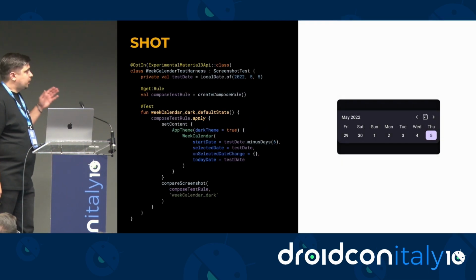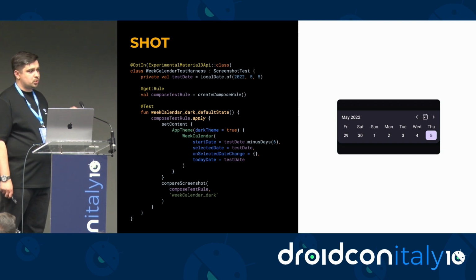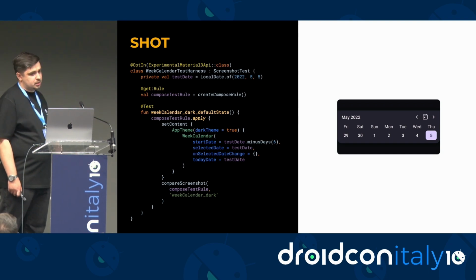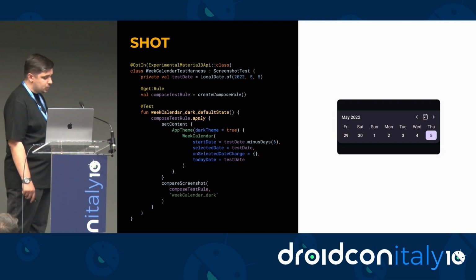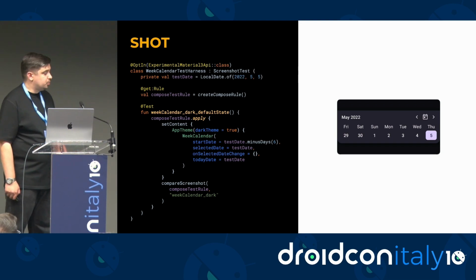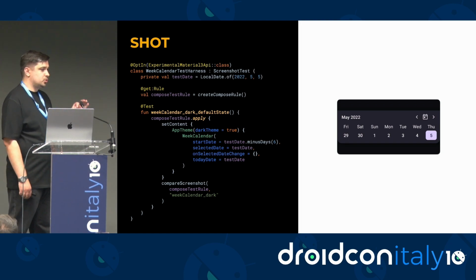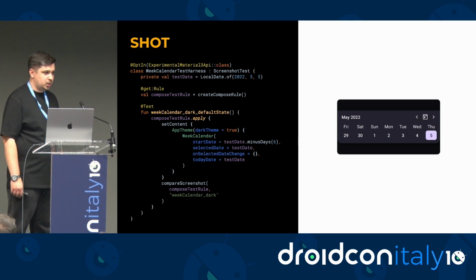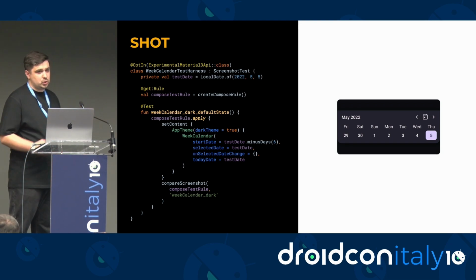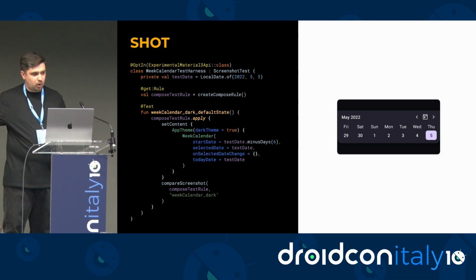And let's take a look at Shot as the most popular framework for on-device screenshot testing. So here everything is pretty simple, but first of all, just a reminder that we need to use the same data every time we run a screenshot test. This is why in one of the first lines we create our test data, which will be the same for all tests.